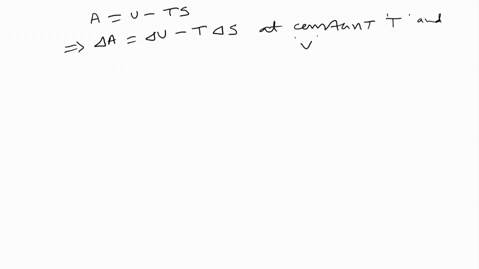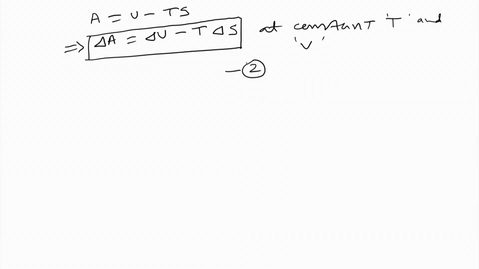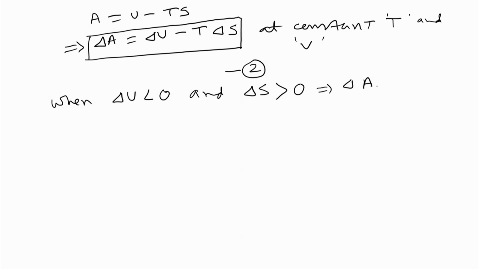Okay. Now, if we look at this equation, equation 2 here, when delta U is less than 0 and delta S is positive, when delta U is negative and delta S is positive, this makes delta A at constant T, V less than 0.